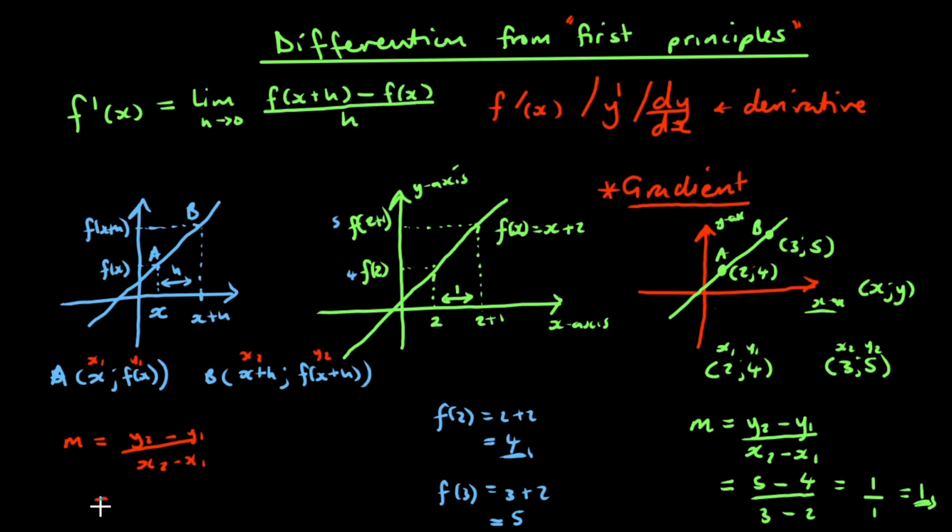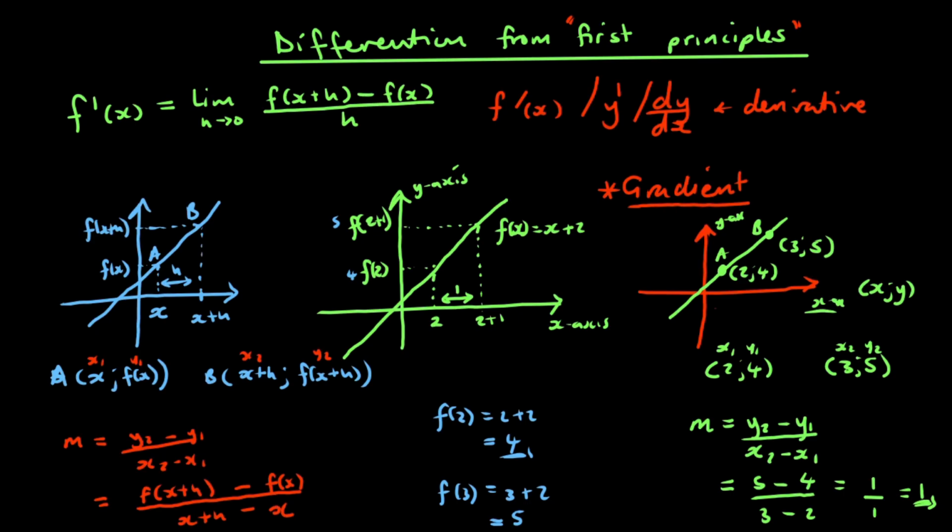So what's my y2 here? My y2 is f of x plus h, minus y1, which is f of x, all over x2, which is x plus h, minus x1, which is x.